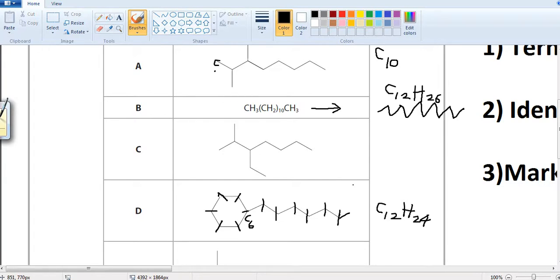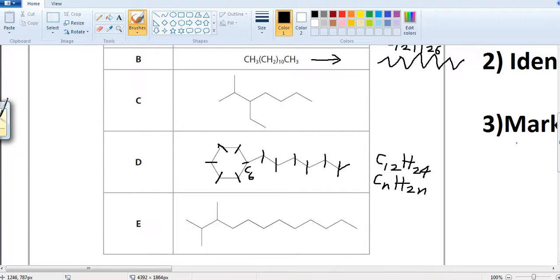Alkenes and cycloalkanes have the same general formula, CnH2n. So it does match the general formula of alkene, but this one and this one have different general formulas. I hope that you have understood.